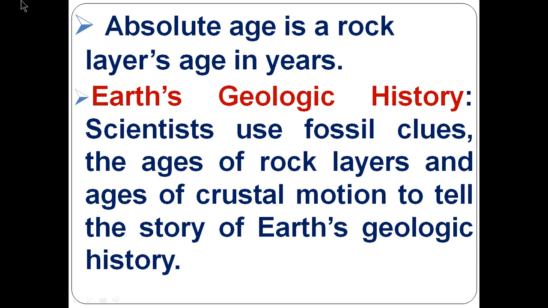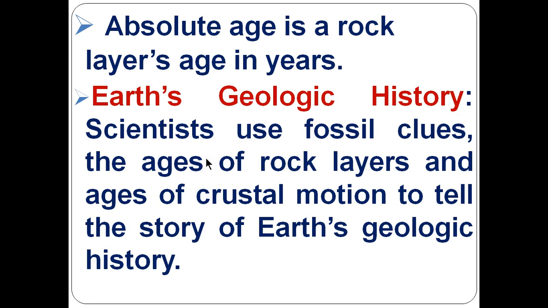Absolute age is a rock layer's age in years. Furthermore, we are going to talk about Earth's geologic history. In this, scientists use fossil clues, the ages of rock layers and the evidence of crustal motion to tell the story of Earth's geologic history.